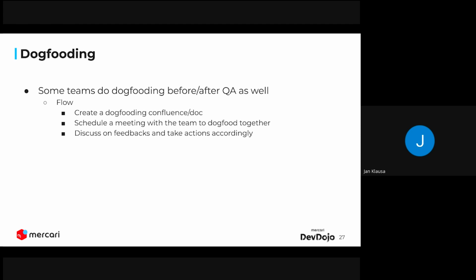The flow is something like this: create a dogfooding document and schedule a meeting with the team to dogfood together. In that meeting, we discuss feedback and take actions accordingly. We sometimes also have company-wide dogfooding. We have something like dogfooding bukatsu, which is an interesting concept.